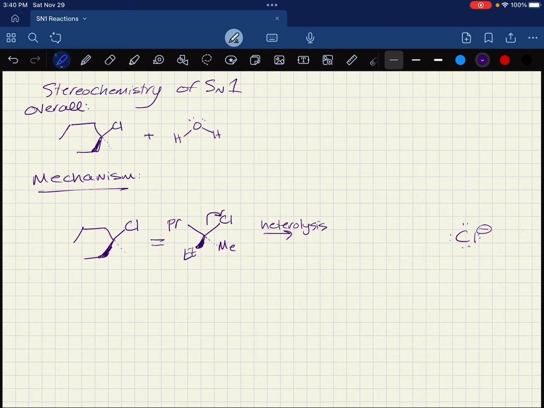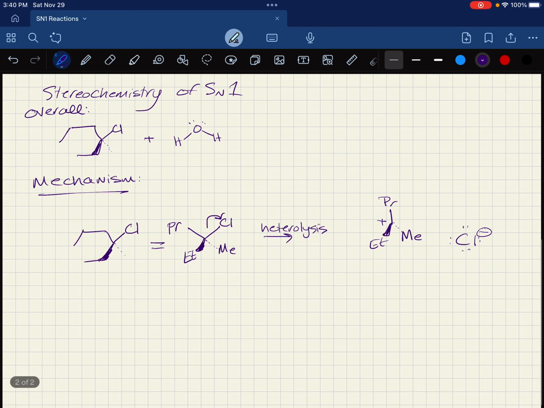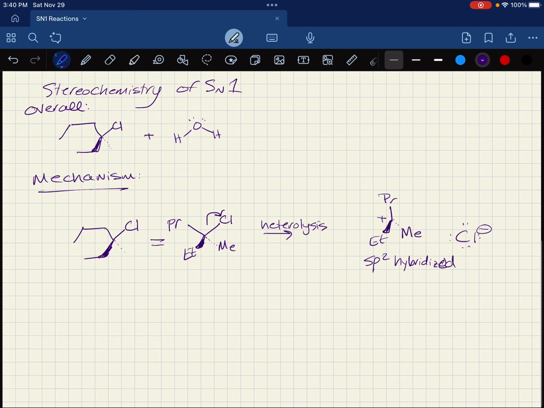So that's going to be trigonal planar, and this is sp2 hybridized.